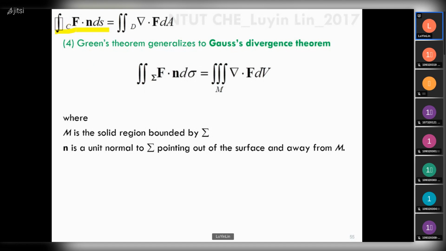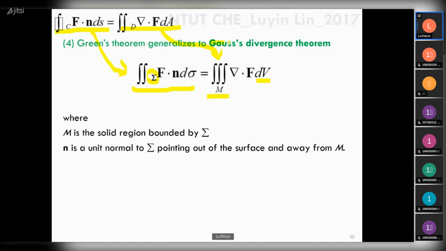This is the closed curve C. You lift it into a closed surface sigma, so single integral to double integral, okay? And for this part, it is an integral over a two-dimensional area. You lift it into a three-dimensional volume. That's it. Please memorize this.